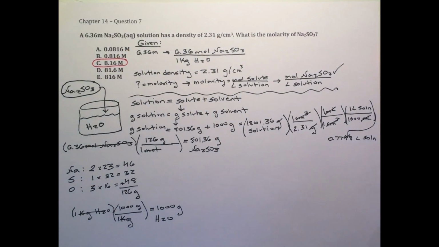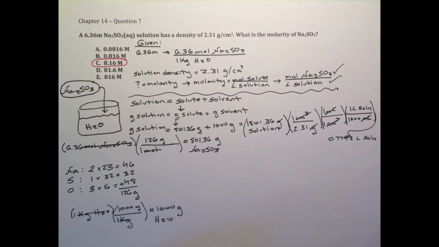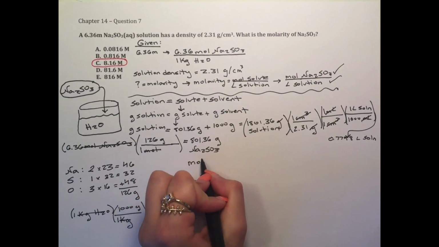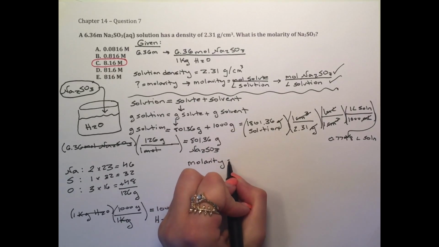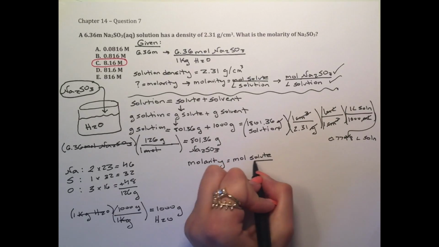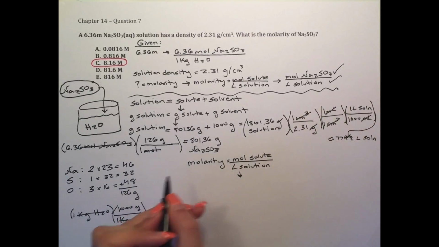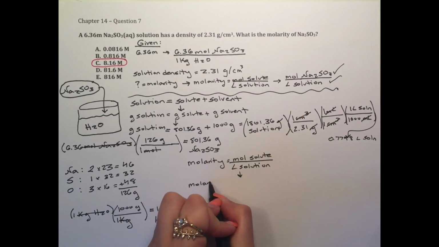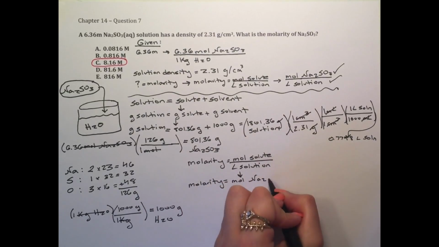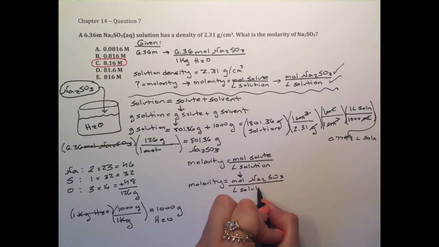All right. So now we have liters of solution, and we have everything that we need to solve for molarity. So I'm just going to rewrite what molarity is, just so that we don't get lost. Molarity is equal to the moles of solute over liters of solution, which in this case is the moles of Na2SO3 over liters of solution.